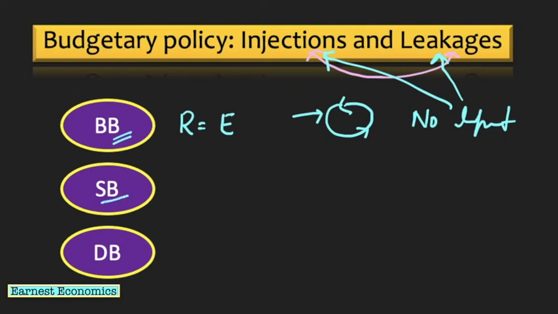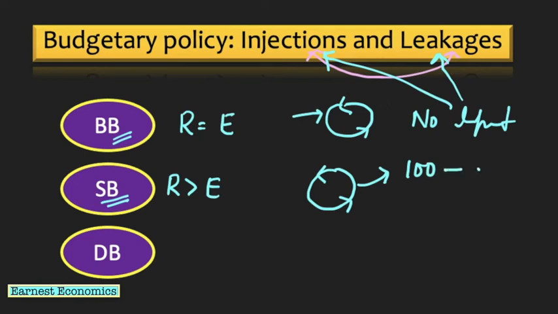However, when we come to the surplus budget, the impact will be different because in this case, revenue is more than expenditure. So from the circular flow of income, we are taking part of it. For example, the government is receiving 100 rupees and making an expenditure of 80 rupees, keeping 20 rupees with itself.